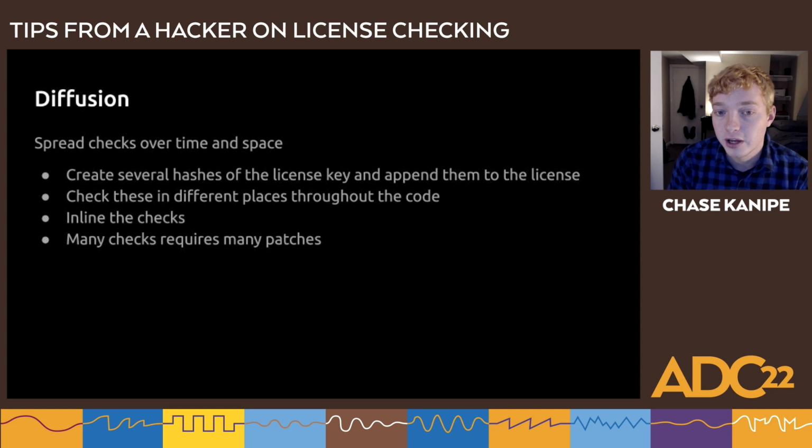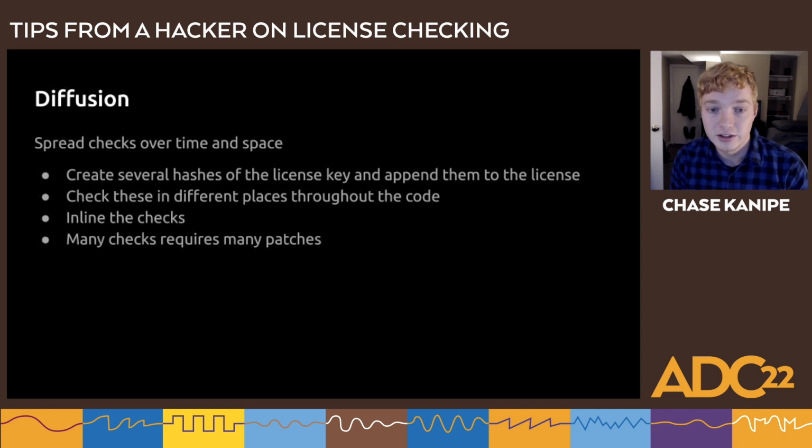We want to spread our checks over time and space. If you think of the example I proposed earlier, where we have our RSA generated signature, and then we append to that signature several hashes of the signature, and then append those to the license, you can imagine that these hashes are checked in various places throughout the code.